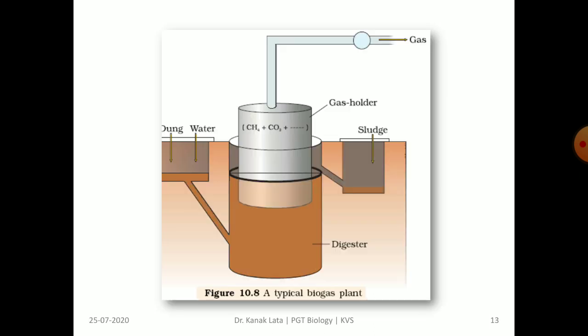Here you may observe a typical biogas plant. There are two outlets. One is for putting the dung, another is for getting the sludge, or we can say the spent slurry.